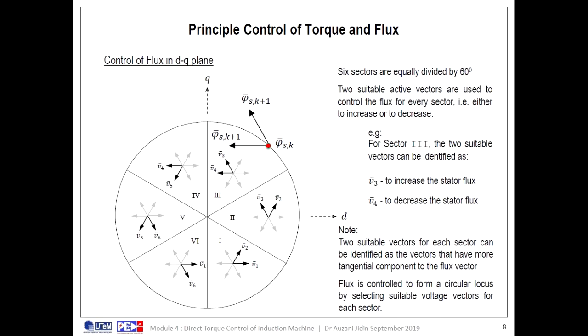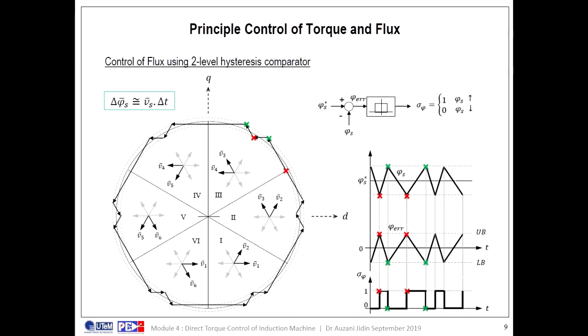For example, in sector 3, V3 is used to increase the stator flux because the direction of V3 is outward from the circle, while V4 is used to decrease the stator flux because the direction of V4 is inward to the circle. The diagram from the slide clearly shows the change of flux in the DQ frame.